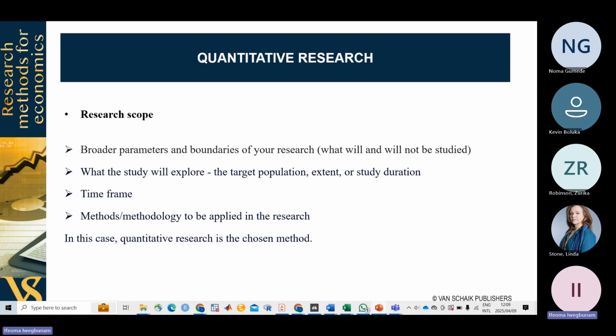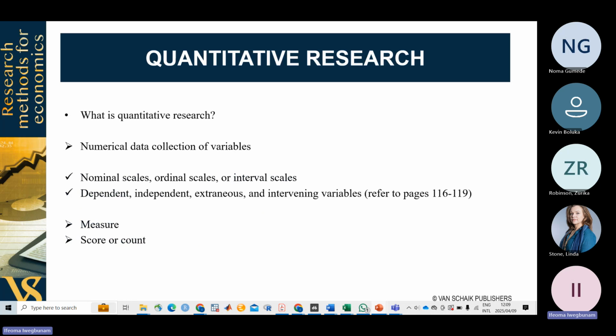So when you understand the scope of your research, you will be able to know the type of methodology to apply to conduct that particular research. For this lesson, we are going to delve into quantitative research.